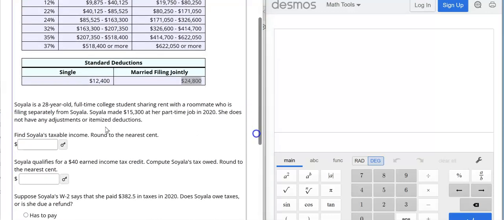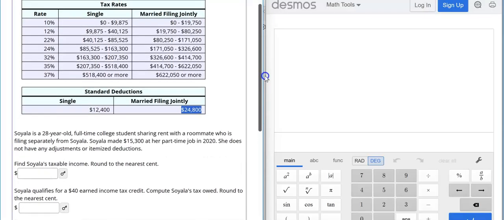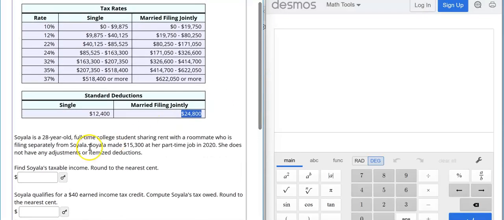Okay, let's read the question. Solaya is 20 years old, a full-time college student sharing rent with a roommate who is filing separately from Solaya. So Solaya is just filing separately as a single. Her filing status is single.